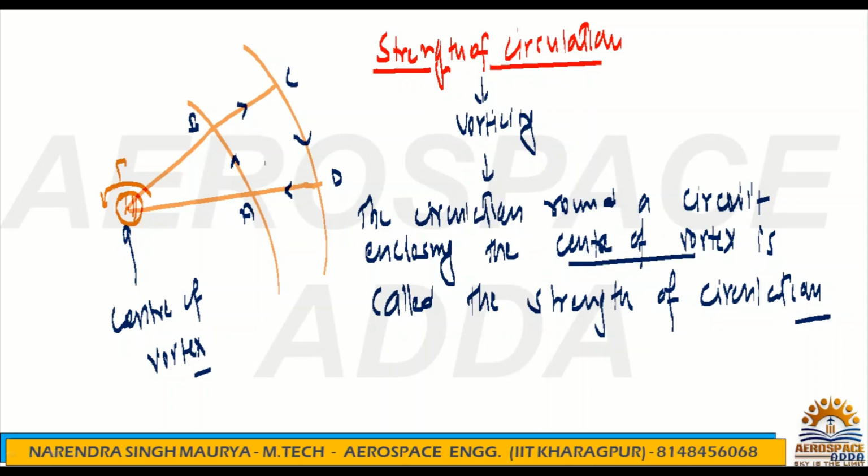If it is not existing inside the circuit, and you are going to calculate the total circulation for this ABCD circuit, then the total circulation will be zero. That's the meaning of it. So if this center of vortex is not enclosed by the circuit ABCD, then the total circulation will be 0.